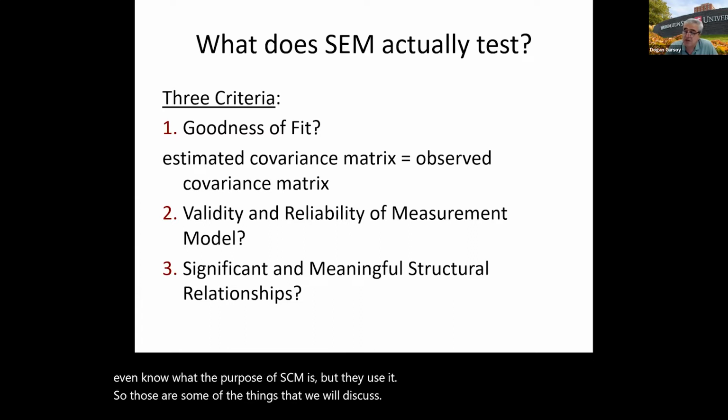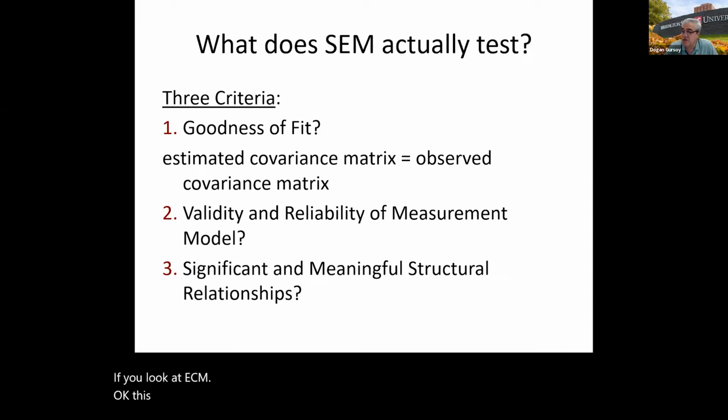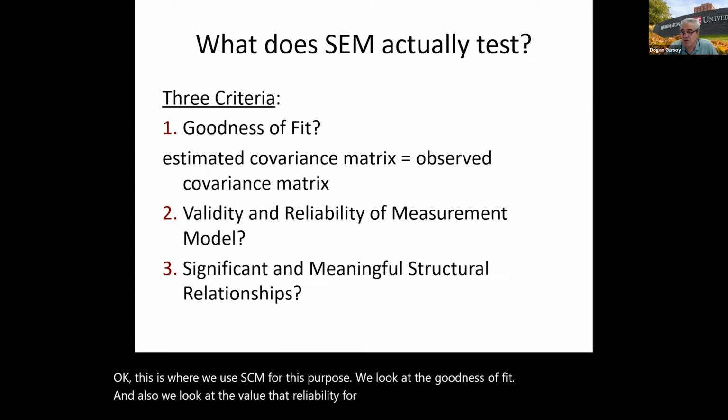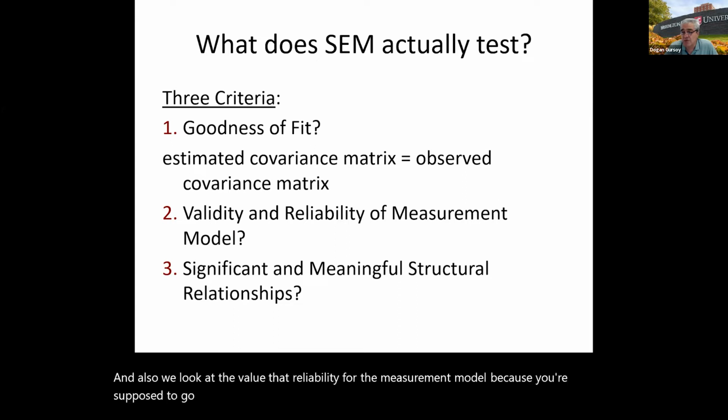If you look at SEM, this is what we use SEM for. We look at the goodness of fit. And also we look at the validity and reliability of the measurement model, because you're supposed to go through a two-step process. First, you run a confirmatory model, and then you run your SEM.